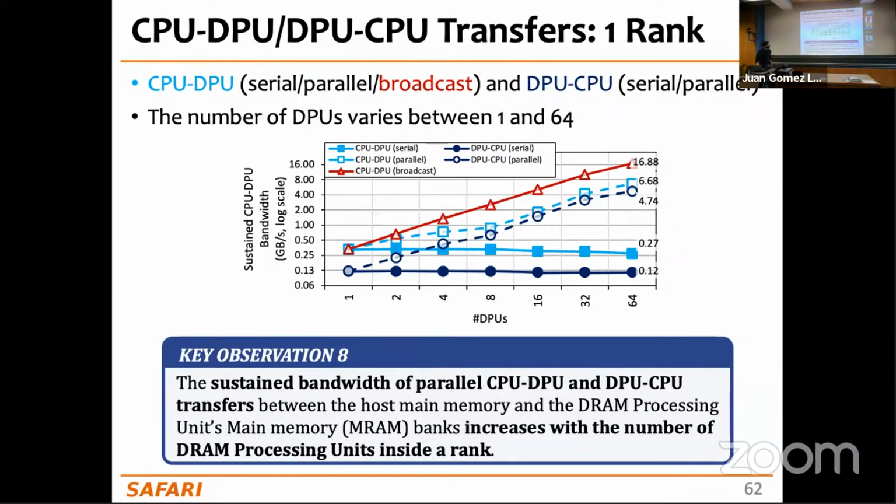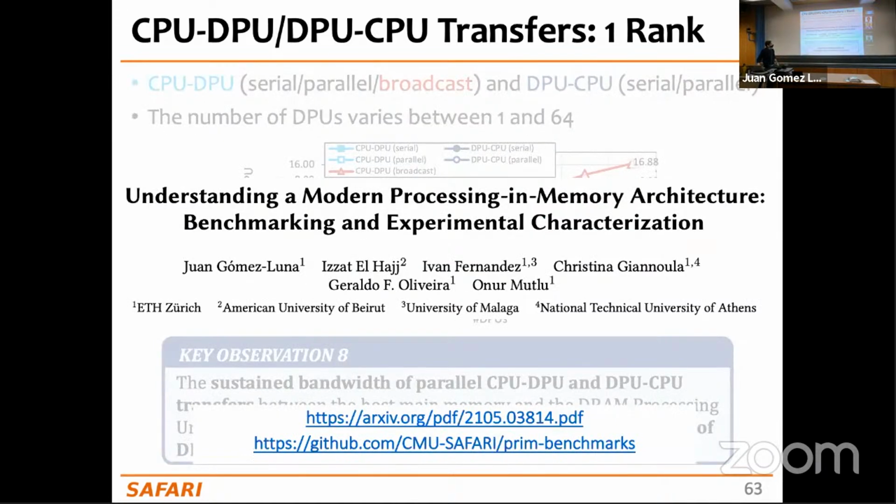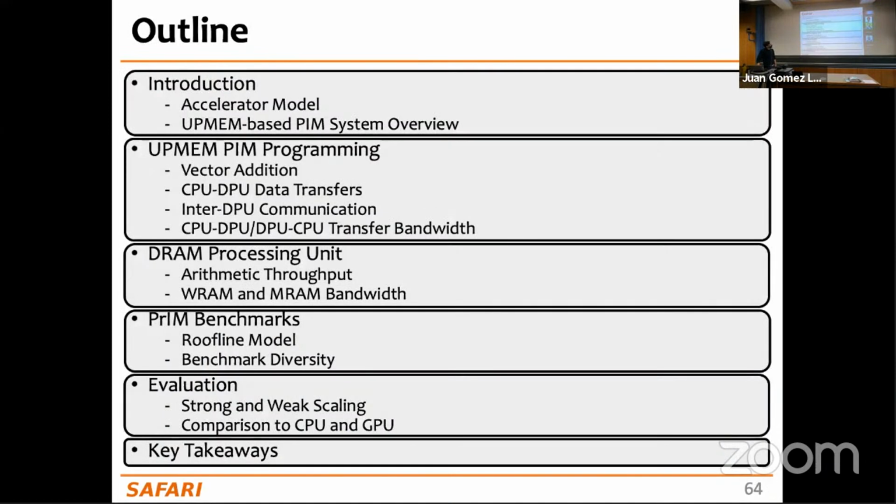And a key observation is that the sustained bandwidth of parallel CPU-DPU and DPU-CPU transfers increases with the number of DRAM processing units. The more DRAM processing units or MRAM banks we are targeting with a transfer, the more parallelism we achieve, and this way higher sustained bandwidth. And you can find more details in our paper.